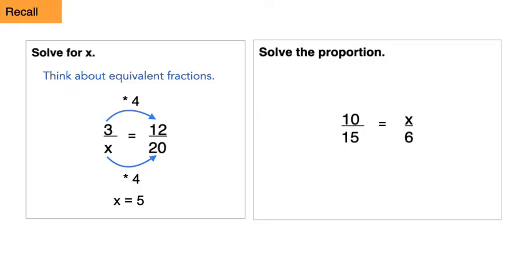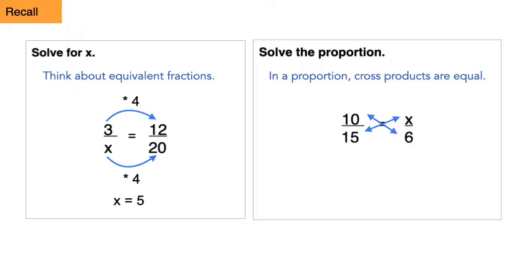In the next example, solving this proportion, I'm looking at the denominators, and I don't see an immediate relationship between 6 and 15. I realize this is a proportion, which is a math sentence that sets two ratios equal, and I'm remembering a property of proportions called cross products, that in a proportion, cross products are equal.